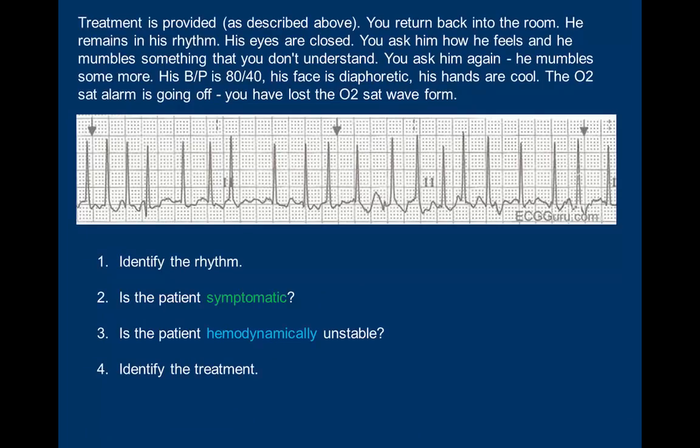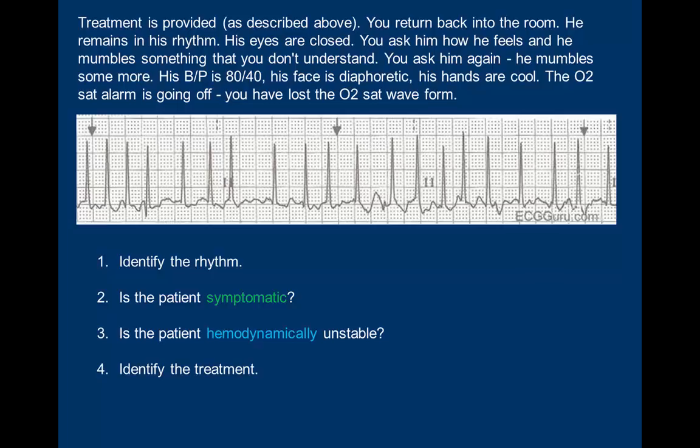We're going to continue with that same scenario of this gentleman that is in atrial fibrillation at a rapid ventricular rate. And we gave him diltiazem, and then when you return back to the room, his eyes are closed. You ask him how he feels, and he mumbles something that you don't understand. You ask him again. He still doesn't really respond very well to you. His blood pressure is diminished. His face is diaphoretic.